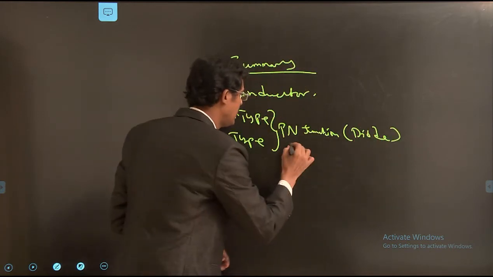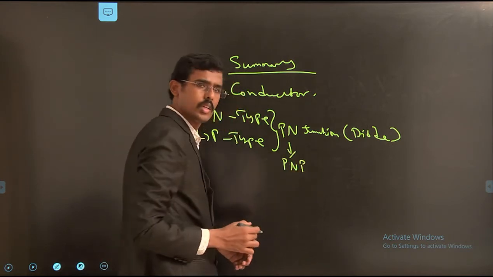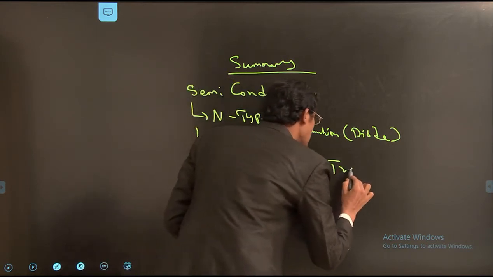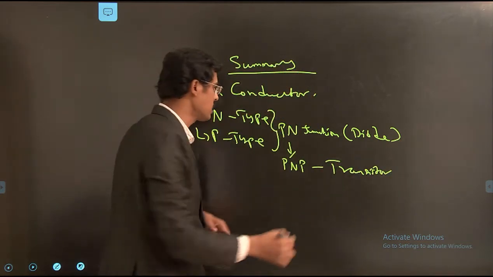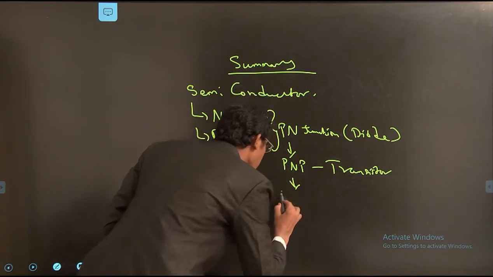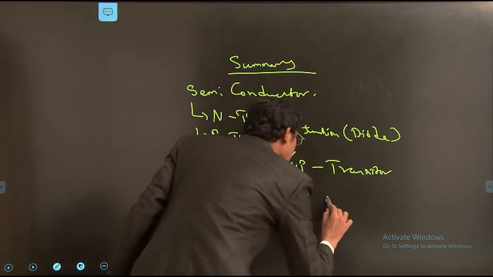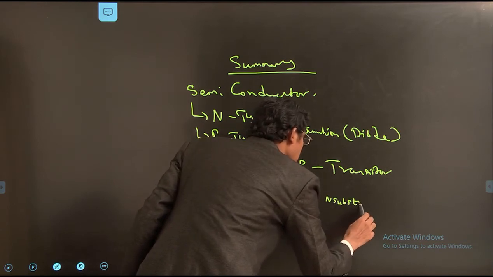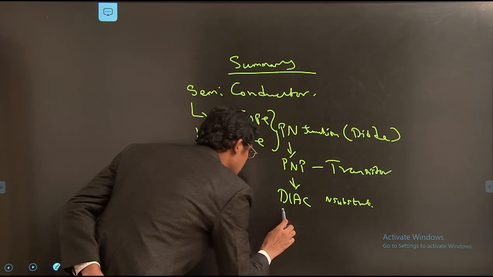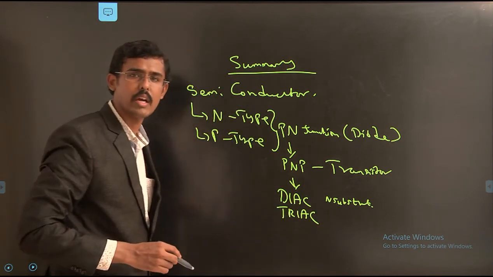Then from the PN junction we formed PNP, which we call a transistor. From the transistor again we derived the diode, and we added a small substrate and track.